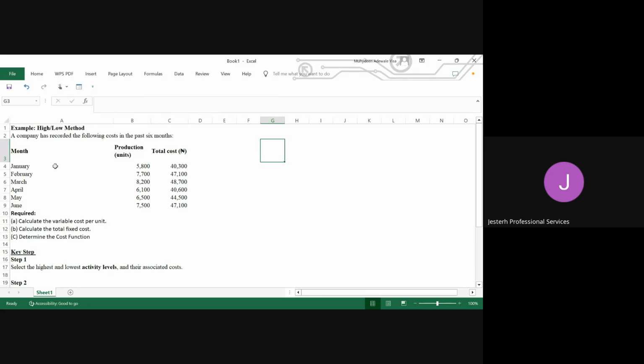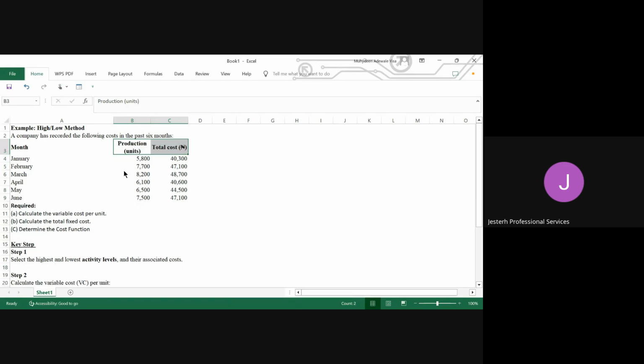They have from January to June, and then the level of each production. In January, the level of activities is 5,800 with the total cost of 40,300. February, they have 7,700 units, the total cost of 47,100.